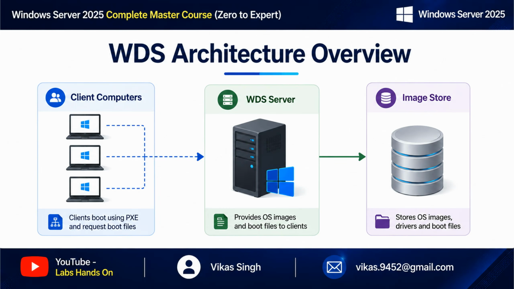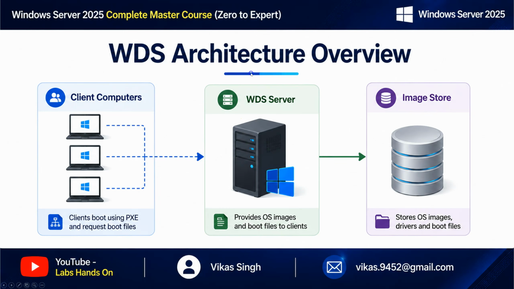So the workflow is simple. The client sends the PXE boot request and the WDS server basically processes the request and retrieves the required file from the image store, which is stored on the WDS server itself, and then delivers them to the client machine for Windows installation.